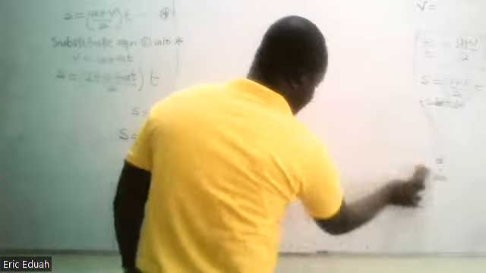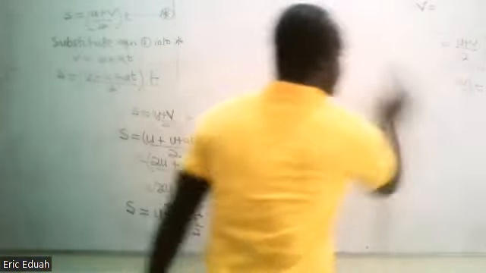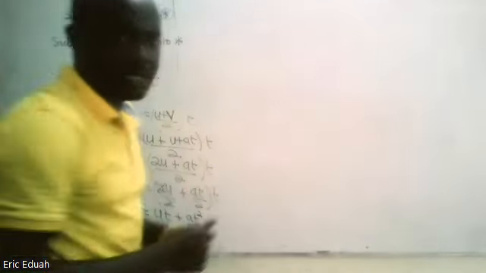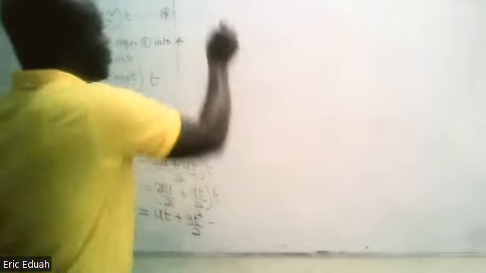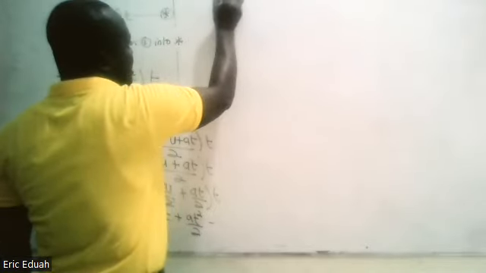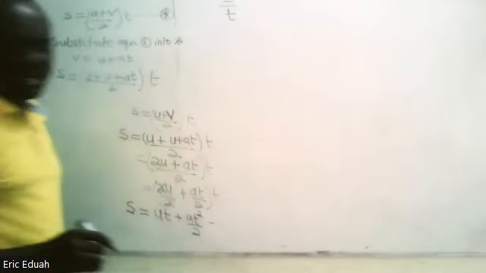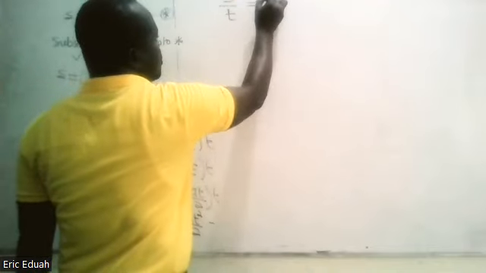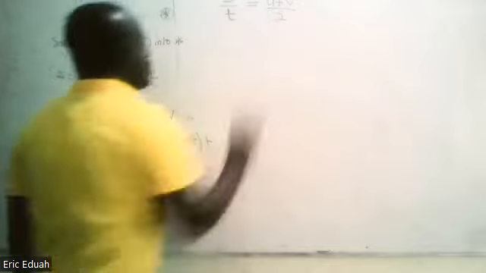So equation 3. As I said, it depends on the average velocity. Knowing that average velocity is equal to total distance taken, S, divided by T, and it's also equal to U plus V over 2.